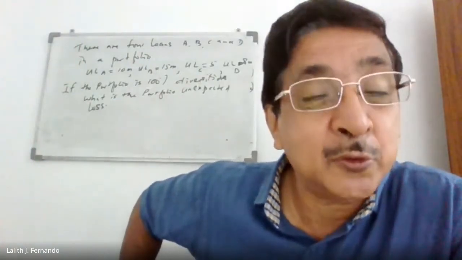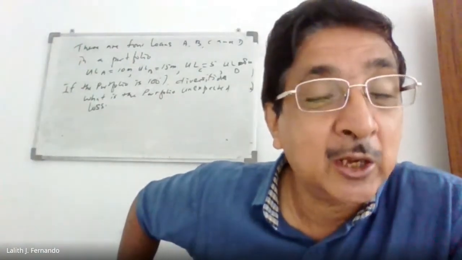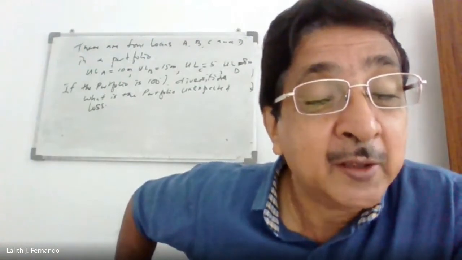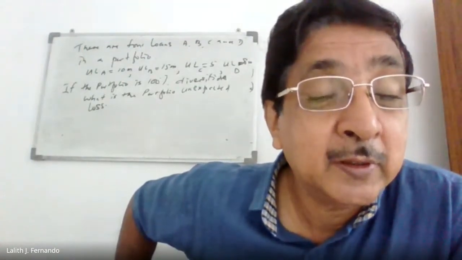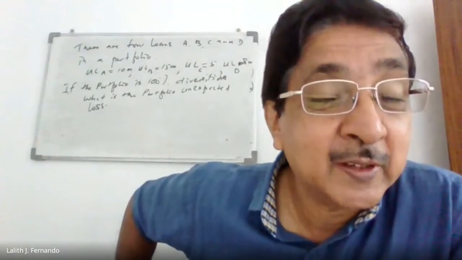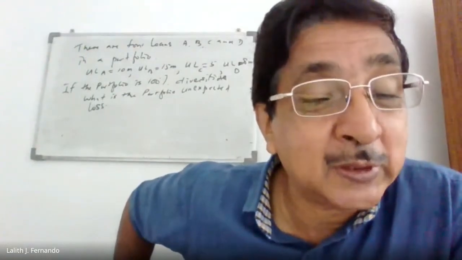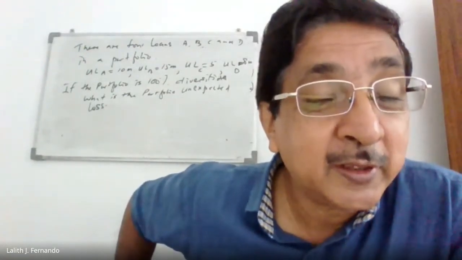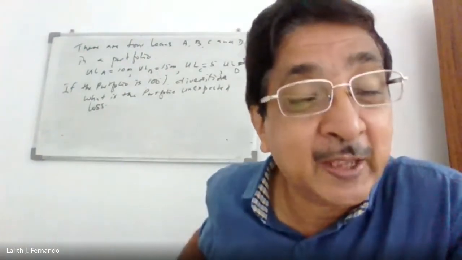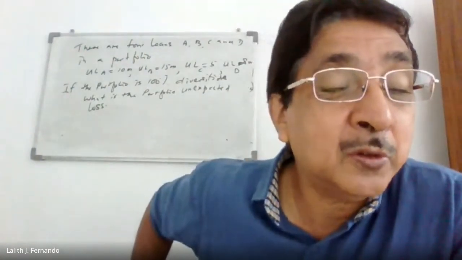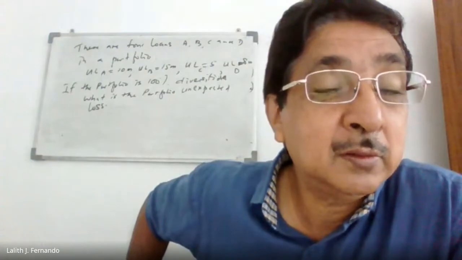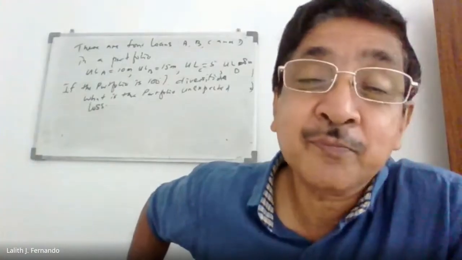Now, since you have four assets, how many correlations would be expected? 6 correlations expected, is it? But all these 6 correlations would be what? It would become 0 because since it is a diversified portfolio, no correlation at all. Is that okay?